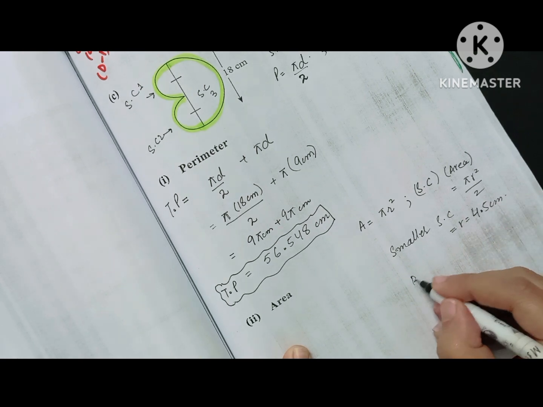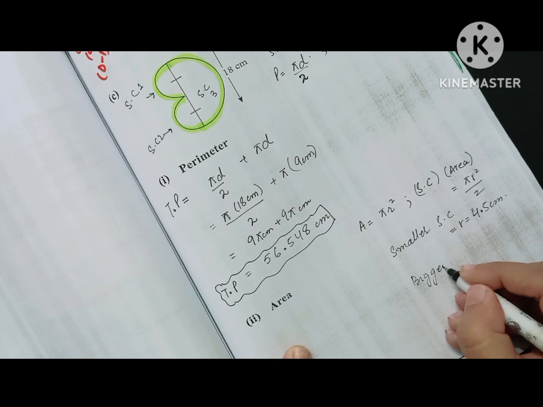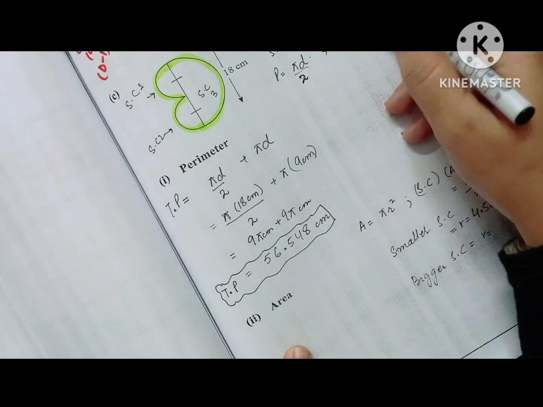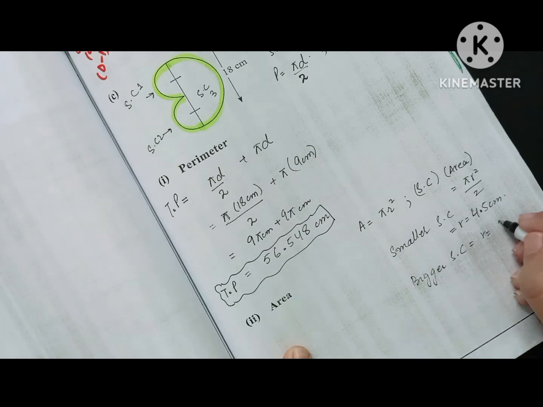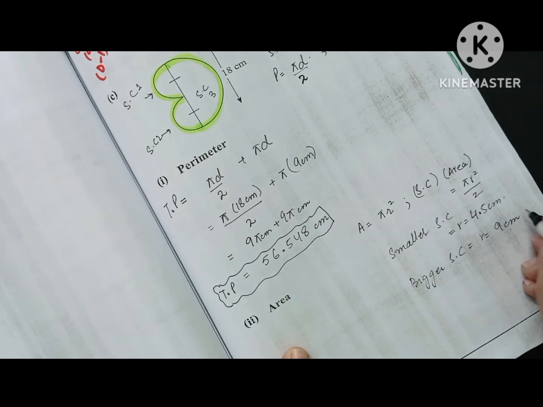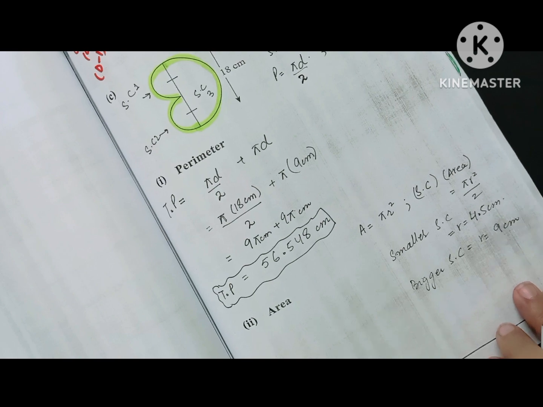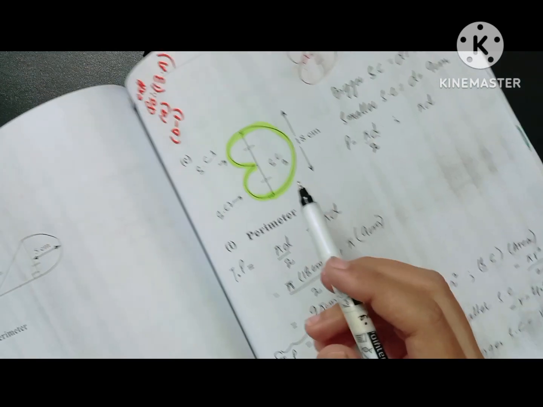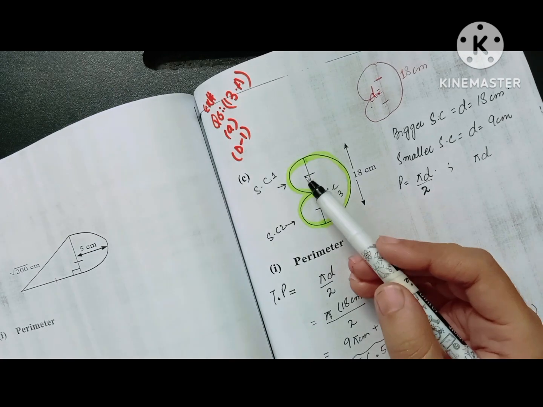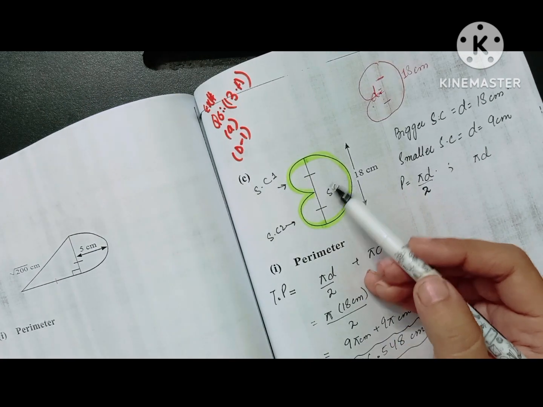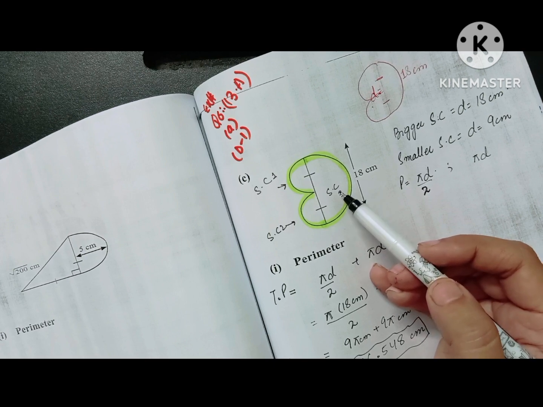centimeter. And for the bigger one, if 18 is the diameter, then 9 centimeter will be the radius. So how many circles do we have? We have semicircle number 1, semicircle number 2 and semicircle number 3.